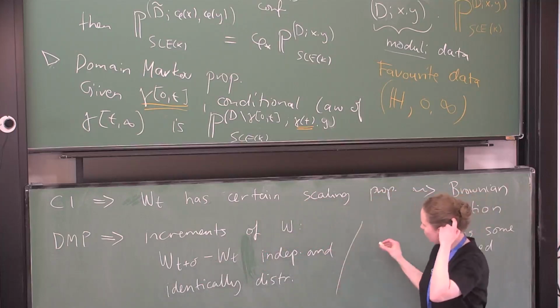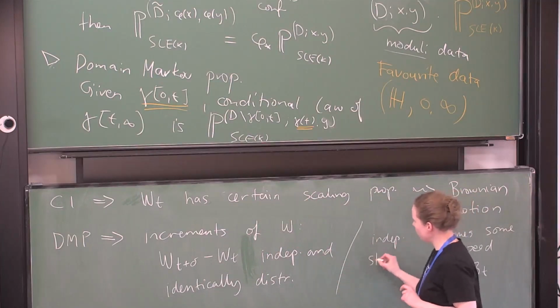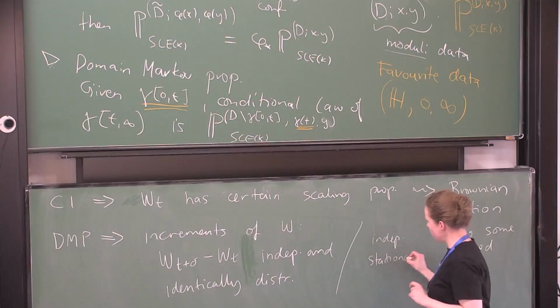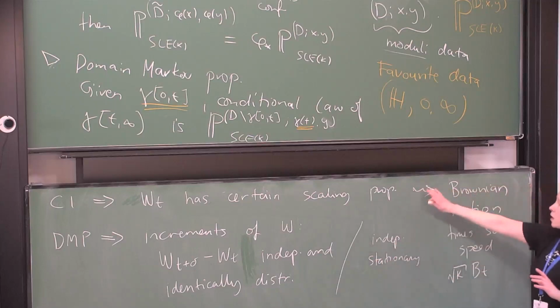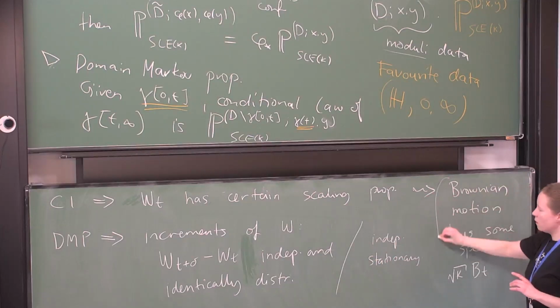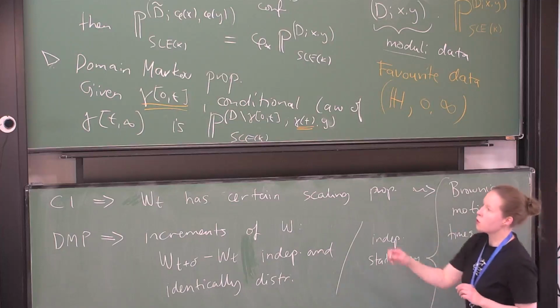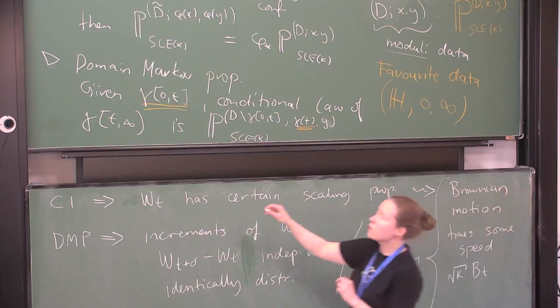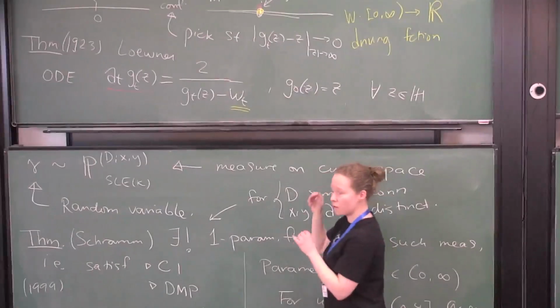Maybe I should say it better in this way, more precisely. The point is that these properties are only valid for a version of Brownian motion if you also assume this is a continuous function. I haven't said this, but if you have a continuous curve, it's not hard to believe that W is a continuous function.